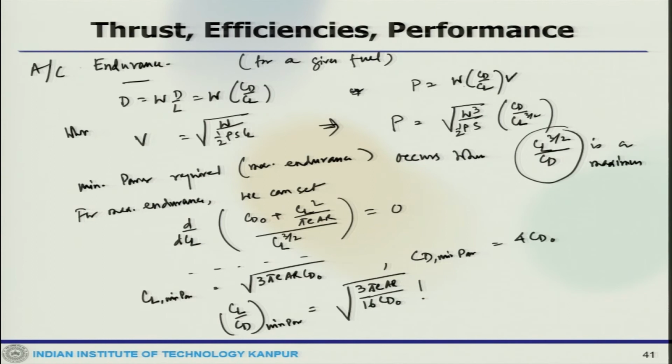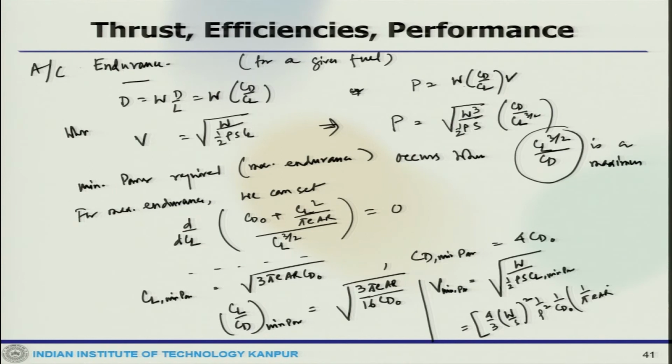At the same time, V for minimum power would be the square root of W by half rho S C_L at minimum power, and if we put back C_L for minimum power, this gives us 4 by 3 W by S, 1 by rho square, 1 by C_D0, 1 by pi E AR, whole to the power 1 by 4. So we get the minimum power velocity.